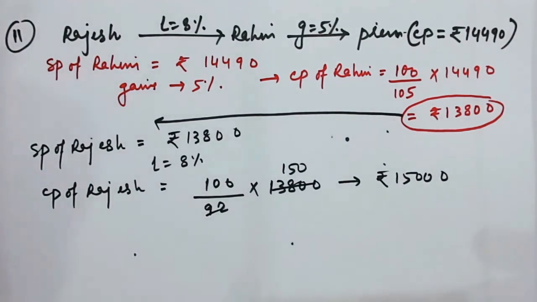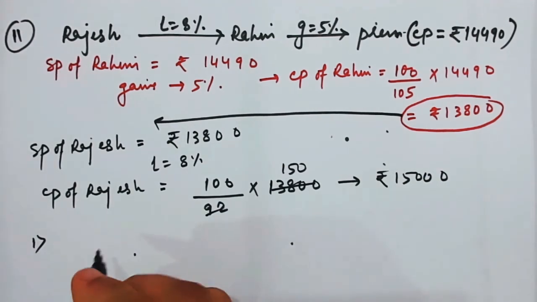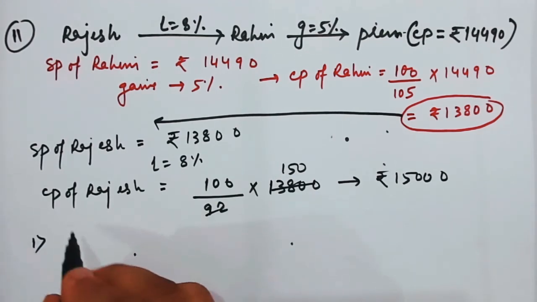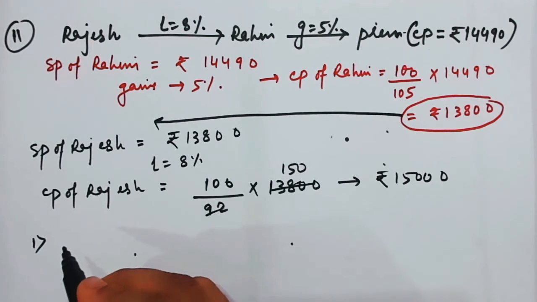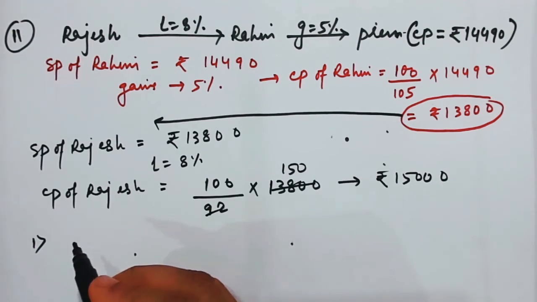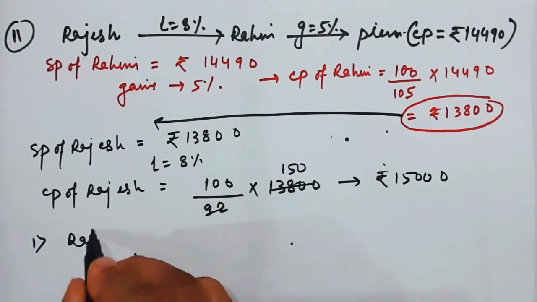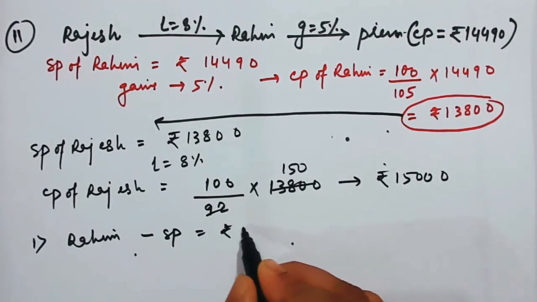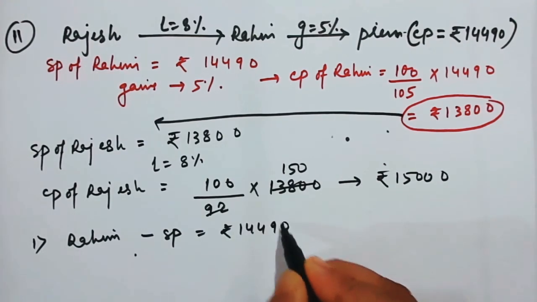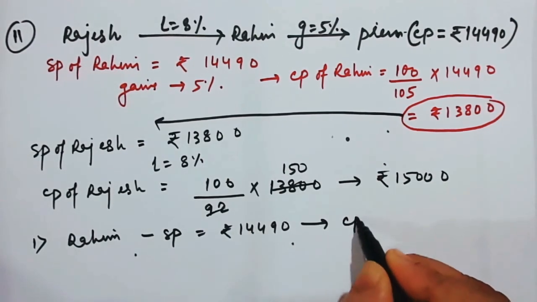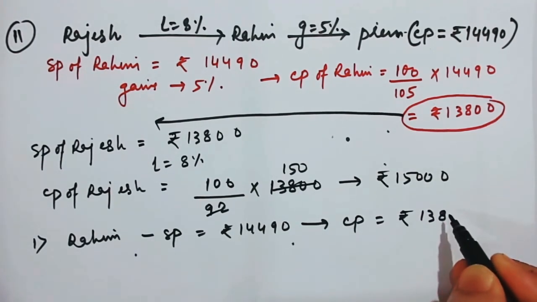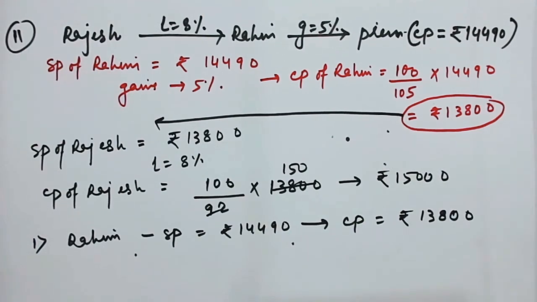So in the question, what you were asked, let me brief it. Selling price and the cost price of scooter for Rahim. So for Rahim, the selling price was rupees 14490 and his cost price was rupees 13800.